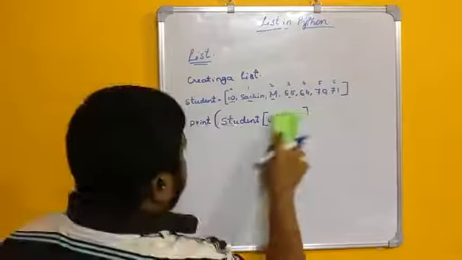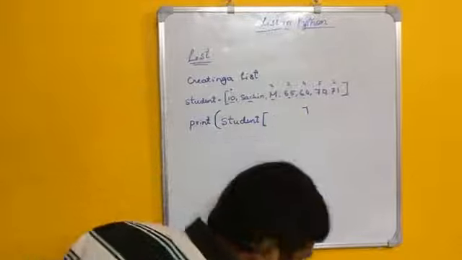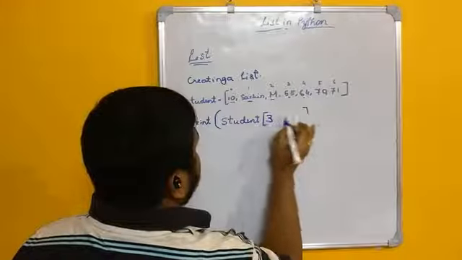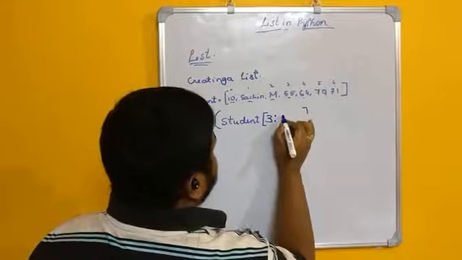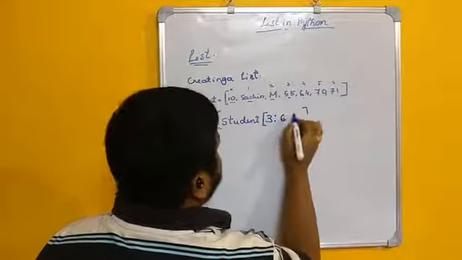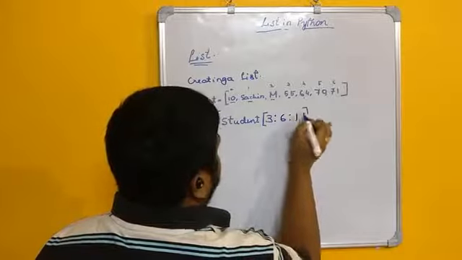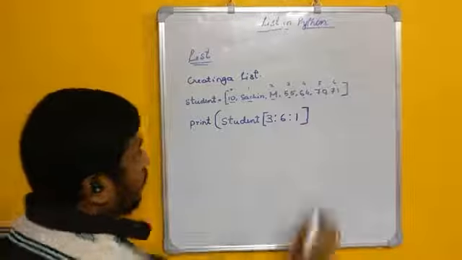If we slice it from 3 colon 6 colon 1, what happens now?